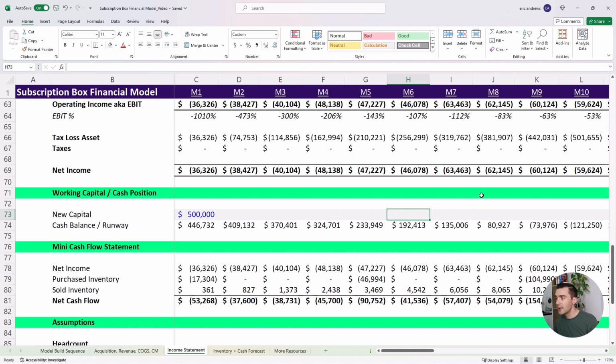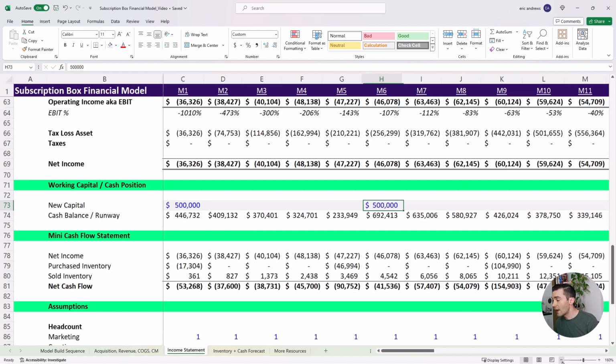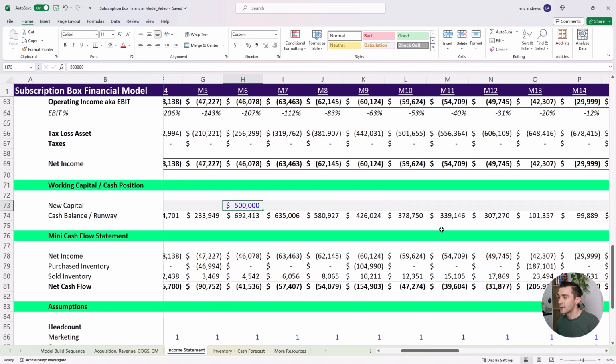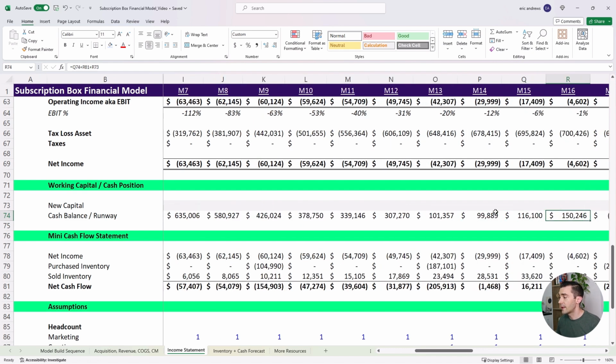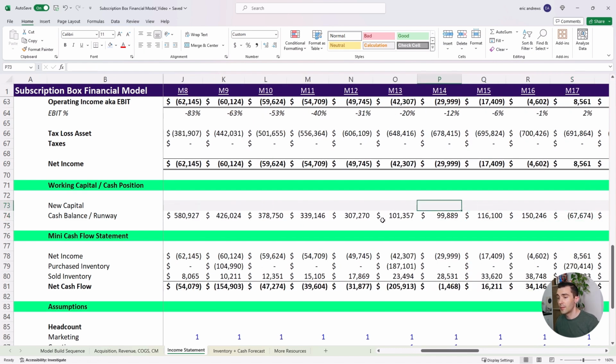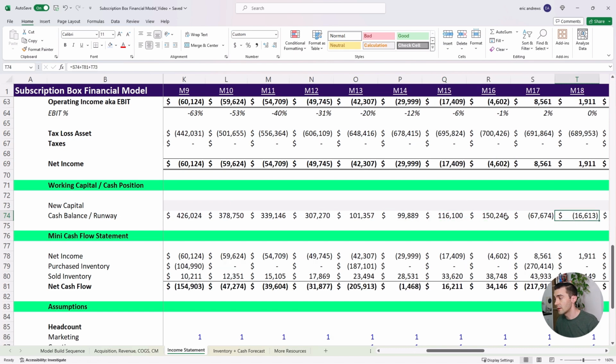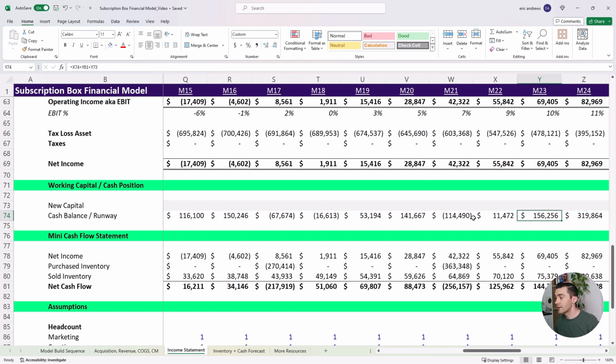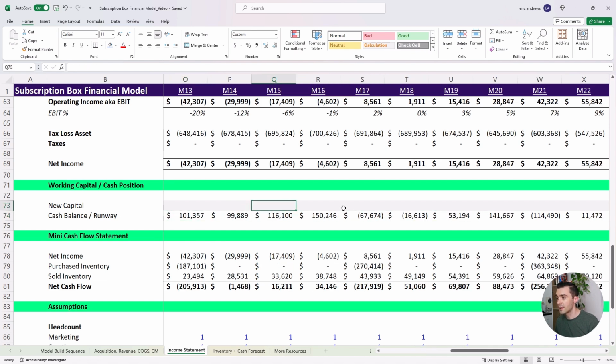So let's say, in month 6, we're like, okay, we want to raise another $500K. Let's say we're able to do that. So at that point, you can see that our cash balance gets a little low, down to $99,000. Oh, and then it goes negative again. So actually that's not enough cash. So we would have to look at raising a bit more cash.